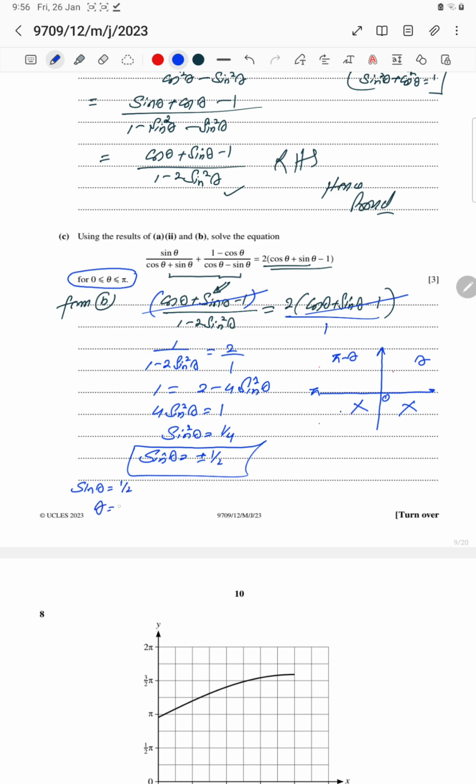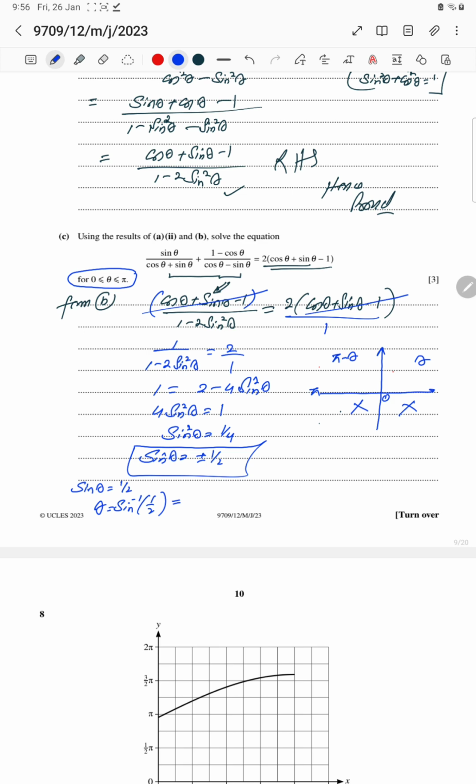So theta will be sine inverse of 1 by 2, will give us the values on the calculator. Let's see what it will be. Shift sine bracket 1 divided by 2, and we'll get 30.